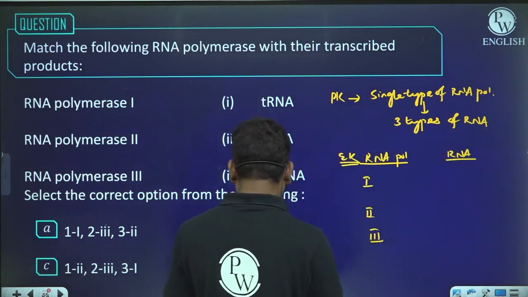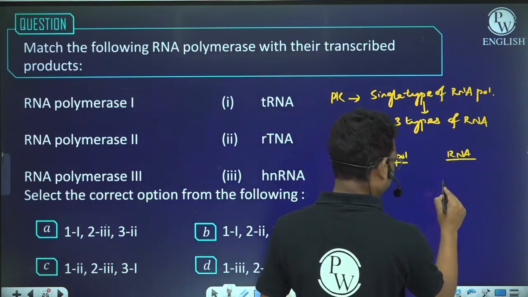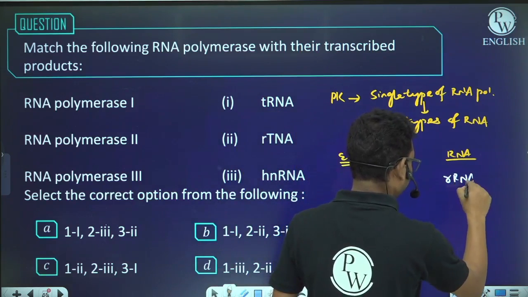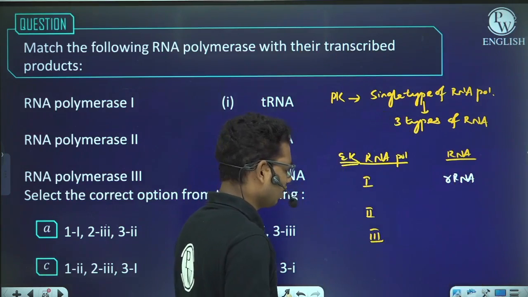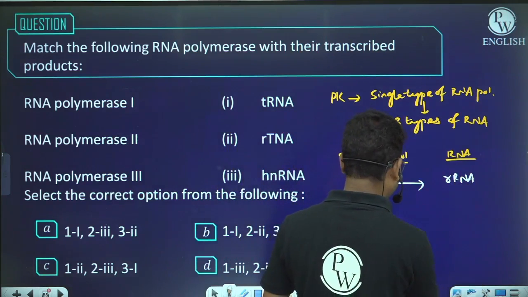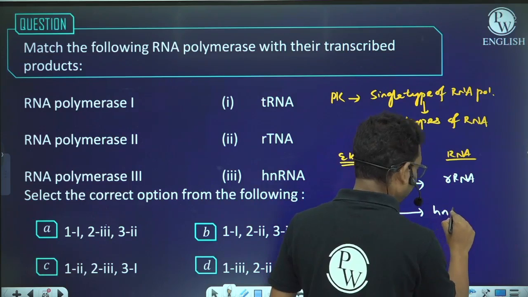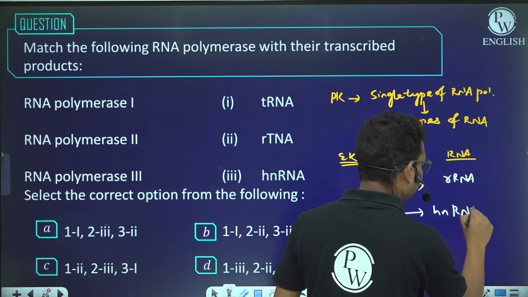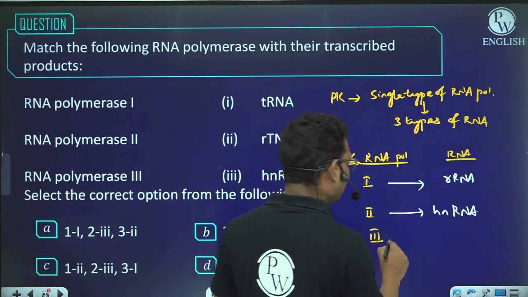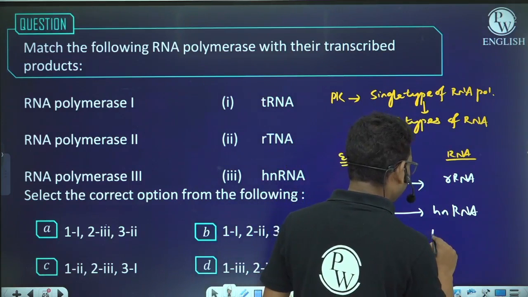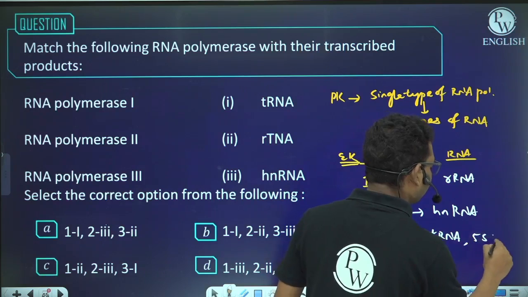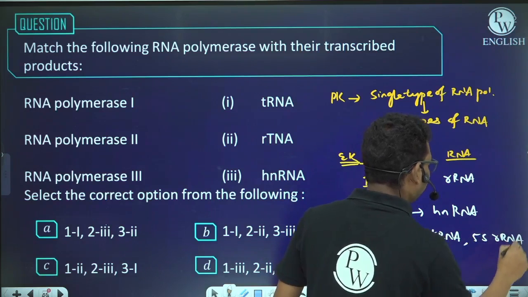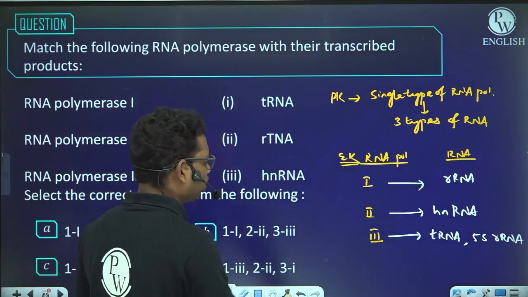RNA polymerase 1 synthesizes different types of ribosomal RNA, except 5S rRNA. RNA polymerase 2 synthesizes hnRNA, which is also known as pre-mRNA. RNA polymerase 3 synthesizes tRNA and 5S rRNA.